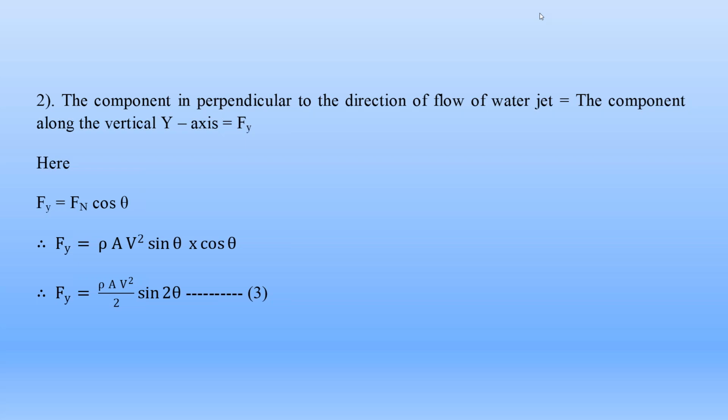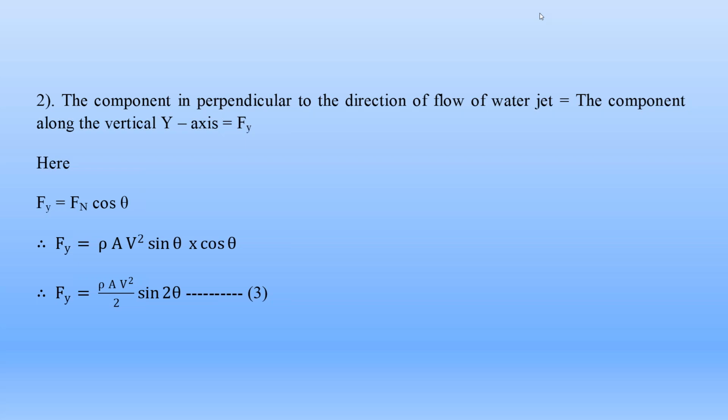So in today's class, I explained two impacts of water jet with metal plate. The first impact, the impact of horizontal water jet with stationary vertical flat metal plate.